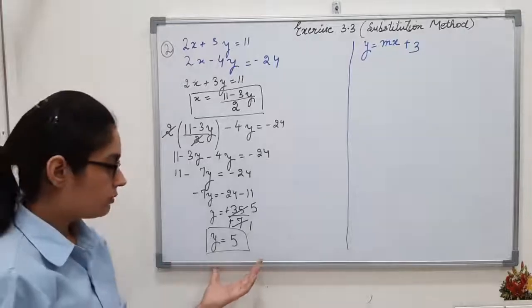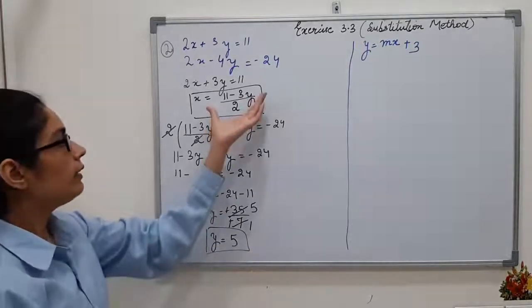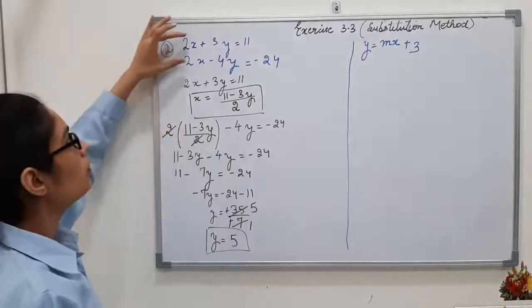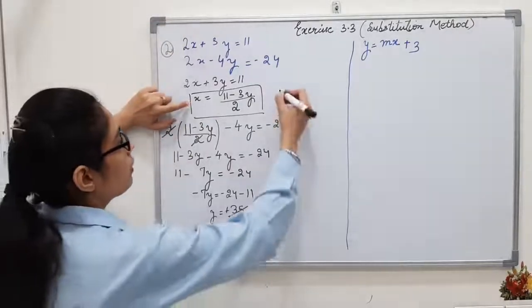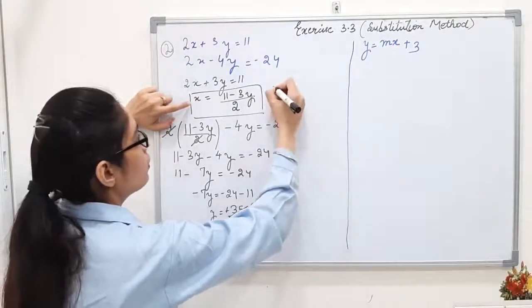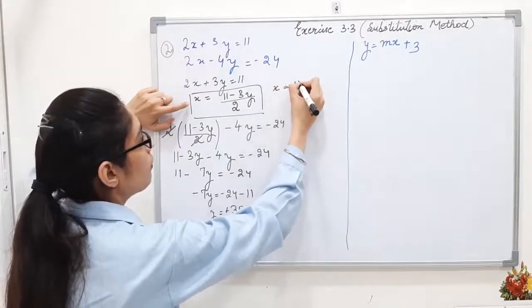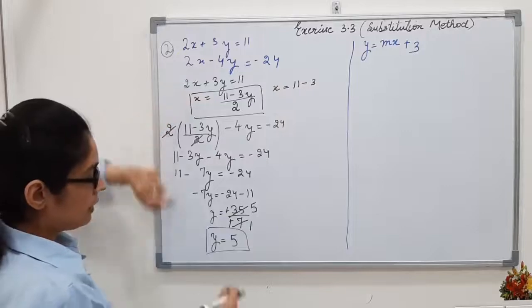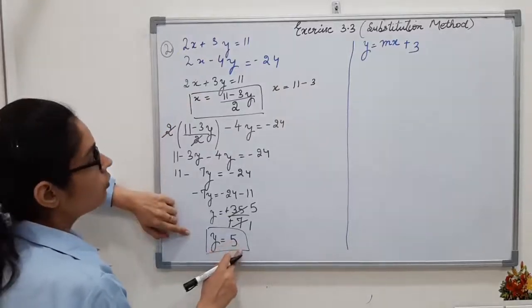This value of y we will put in this equation. This is same as our equation number first. So here x is equals to 11 minus 3 into what is the value of y. See, y is equals to 5.